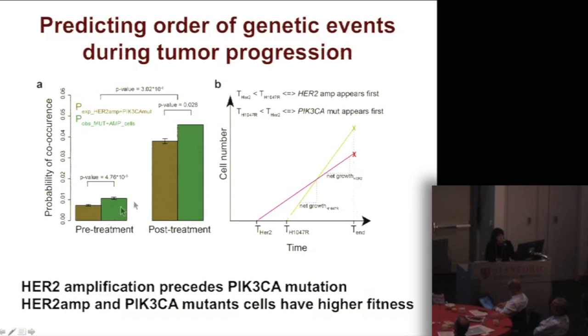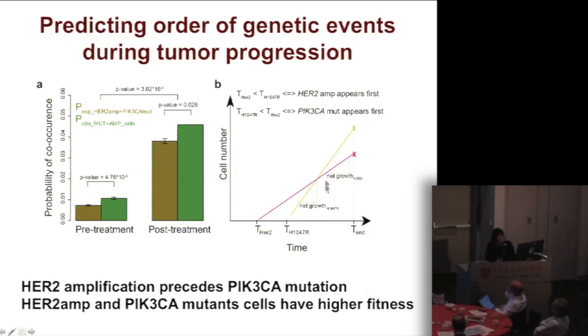And what we saw is that the co-occurrence of these genetic events in the same cell is significantly higher than expected by chance, which would suggest that the cells with a double mutation have some fitness advantage, which was actually increased by treatment, meaning the double mutant cells have even more fitness advantage due to the treatment.